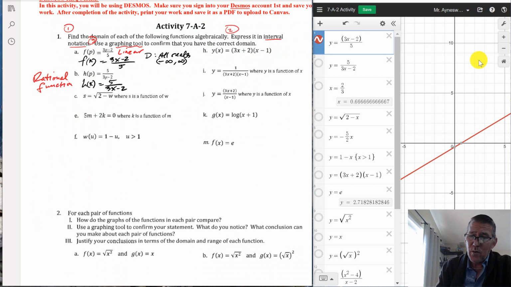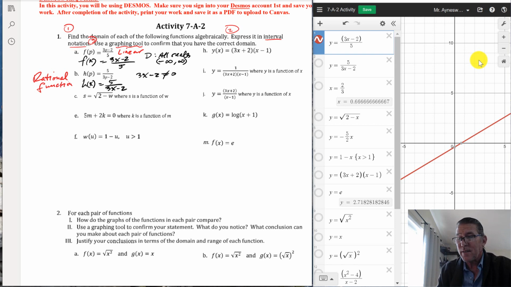So when you look at this, you have to solve a simple equation to analyze the domain. You have to figure out for what value of x makes 3x minus 2 equal to 0. Because 3x minus 2 cannot be equal to 0. If it's 0, you would have 5 divided by 0, and 5 divided by 0 is undefined.